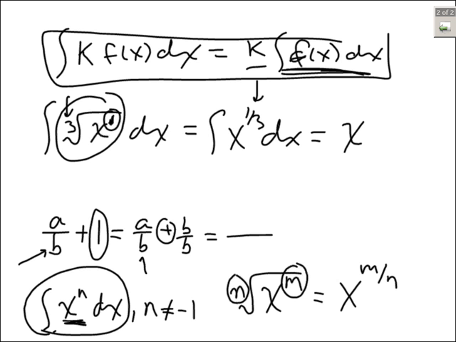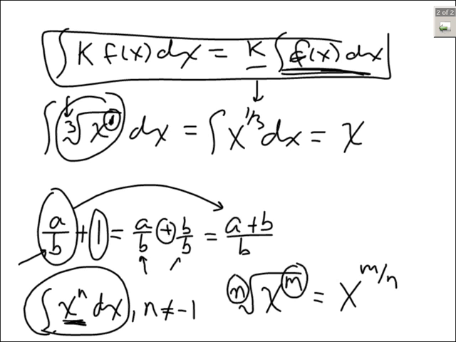Where the denominators are the same, keep it the same. Add the tops, a plus b. Now, how do you go from the original fraction to this? Well, you add the top and the bottom. That gives you the new top, and the bottom stays the same. I'll add the top and the bottom. I'll get 4. 1 plus 3 is 4 over 3.